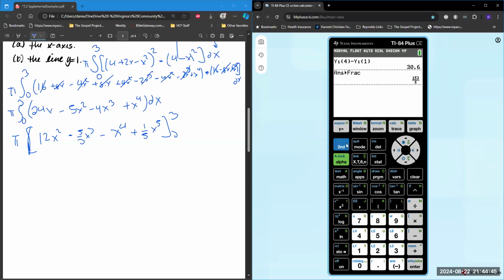And y1 at 3 minus y1 at 0. I get 30.6 again. Interesting.